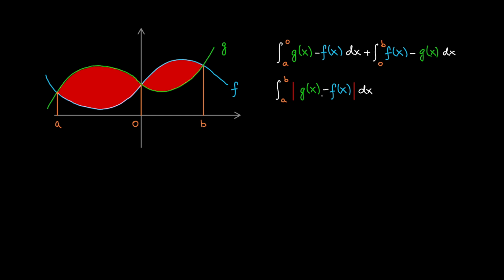If you do not put the absolute value brackets, you might have the situation where the first part of the area is positive, but when you come to the next part where f is on top, the area is going to be negative. So please pay close attention. You can either write it as two different integrals or you can put the absolute value signs. Then it doesn't really matter if it's g minus f or f minus g.